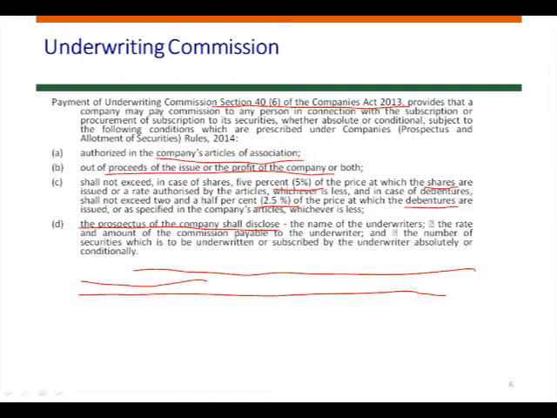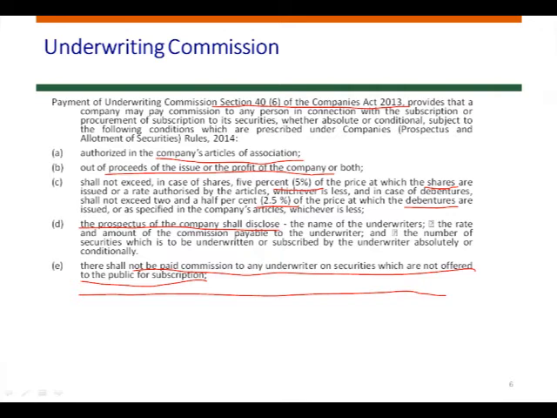The prospectus of the company shall disclose the name of the underwriters and the rate and amount of the commission. So there is a provision of full disclosure: everything is to be disclosed. And commission shall not be paid to any underwriters on securities which are not offered to the public for subscription.